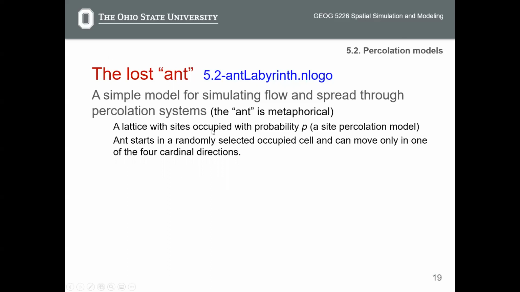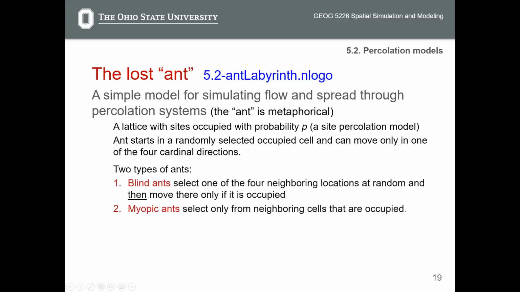So in a lattice with sites occupied with probability P, occupied sites can be used for the ant to move in. The ant starts in a randomly selected occupied cell or site and can move only in one of the 4 cardinal directions, which means the Von Neumann neighborhood.